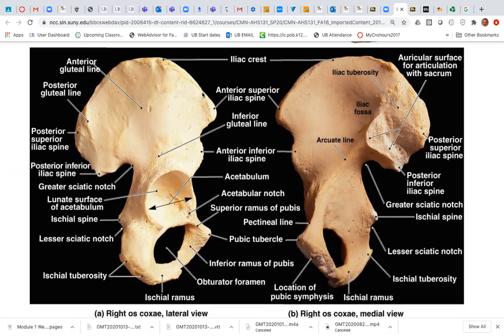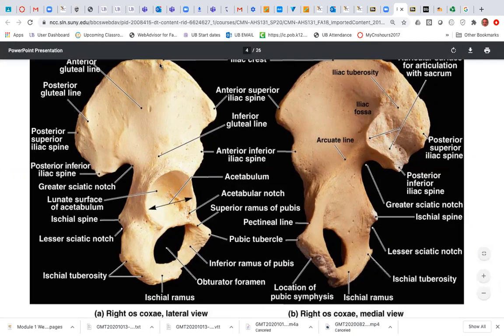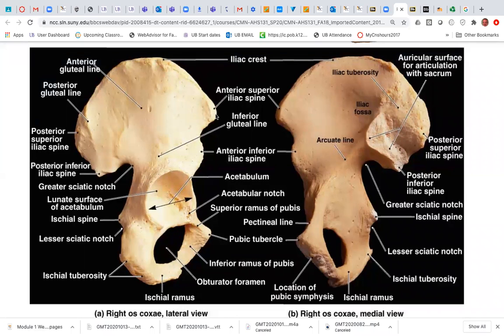When you put your hands on your waist and you slide your hands forward around belt line, where the belt is in the front, there's this little ticklish spot on most people, and that's this bump right here, the ASIS, or the anterior superior iliac spine. When you go inferior to it, it's the anterior inferior iliac spine.